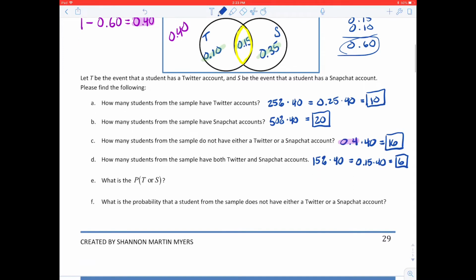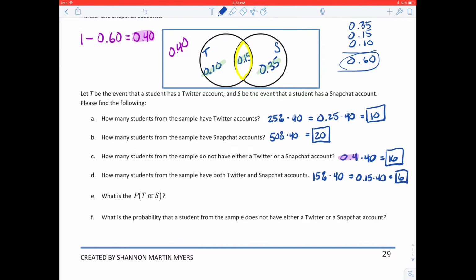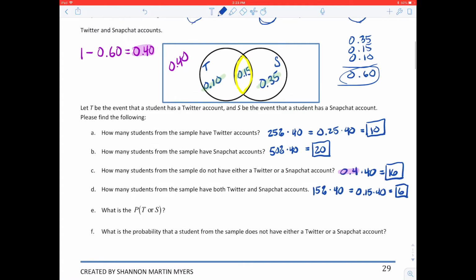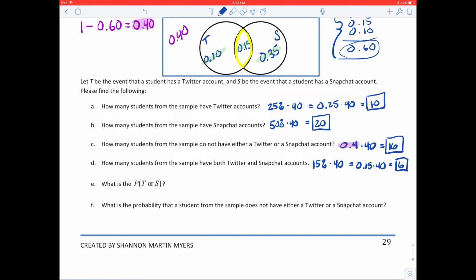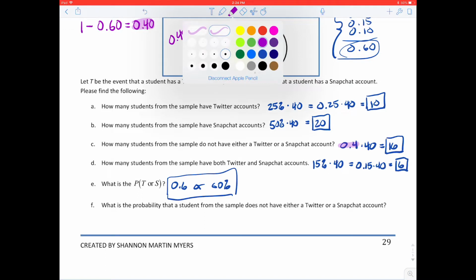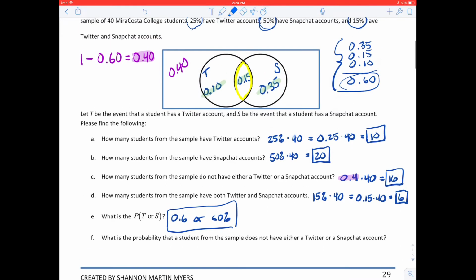So that ends up being, if I add these three like I did up here, our 0.6 or 60%. And again, we had gotten that earlier from up here.